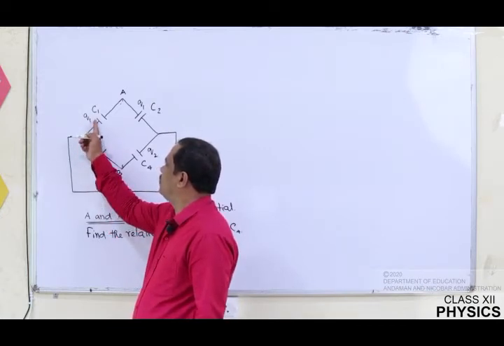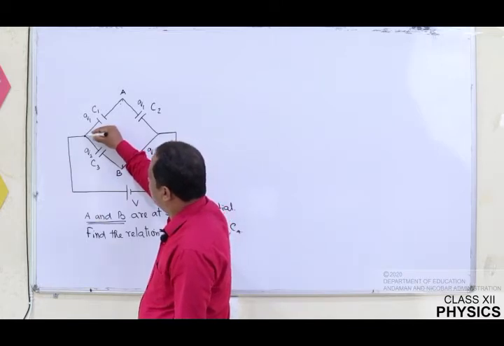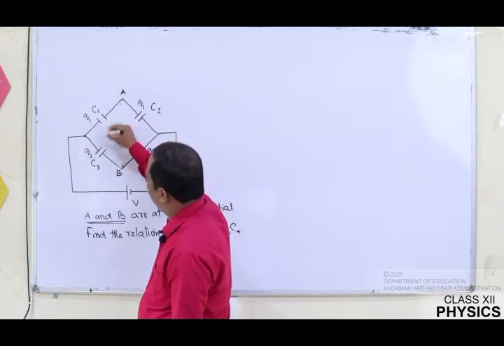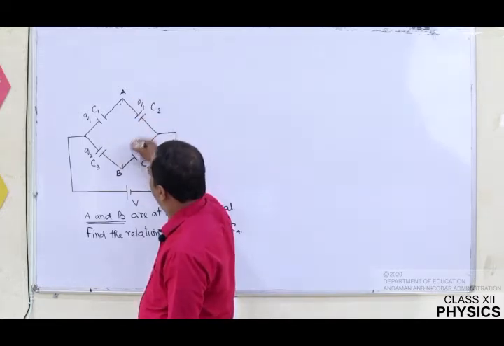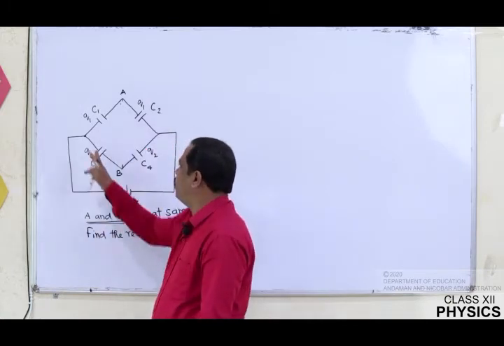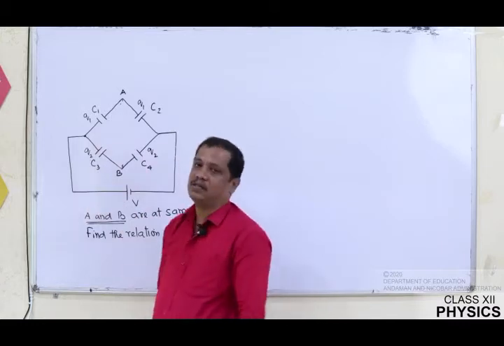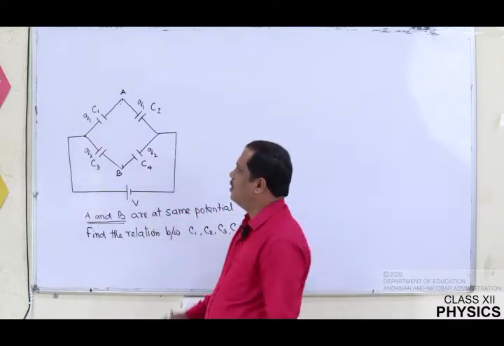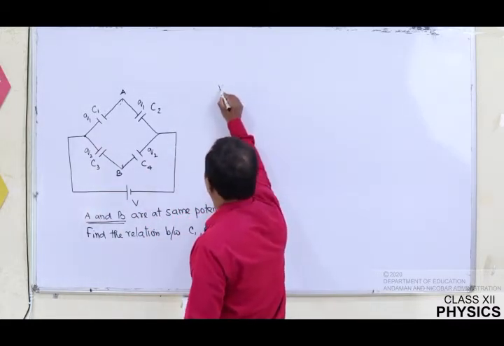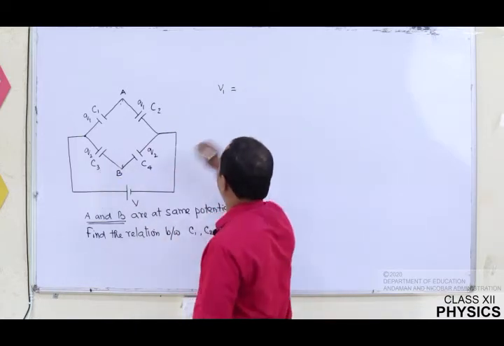In that case, now very important point we need to note is, see please, this point is common to both C1 and C3. So this point is at the same potential. That means these two plates are at same potential. Point A and B are also at same potential. That means this plate and this plate are same potentials. That means potential difference across C3 and potential difference across C1 both are same. So I shall write potential difference across C1 is equal to potential difference across C3.